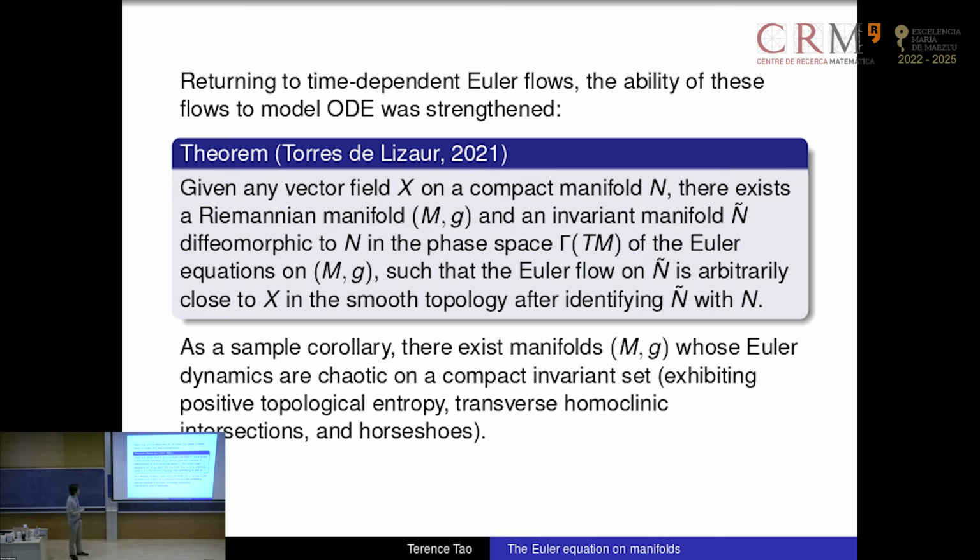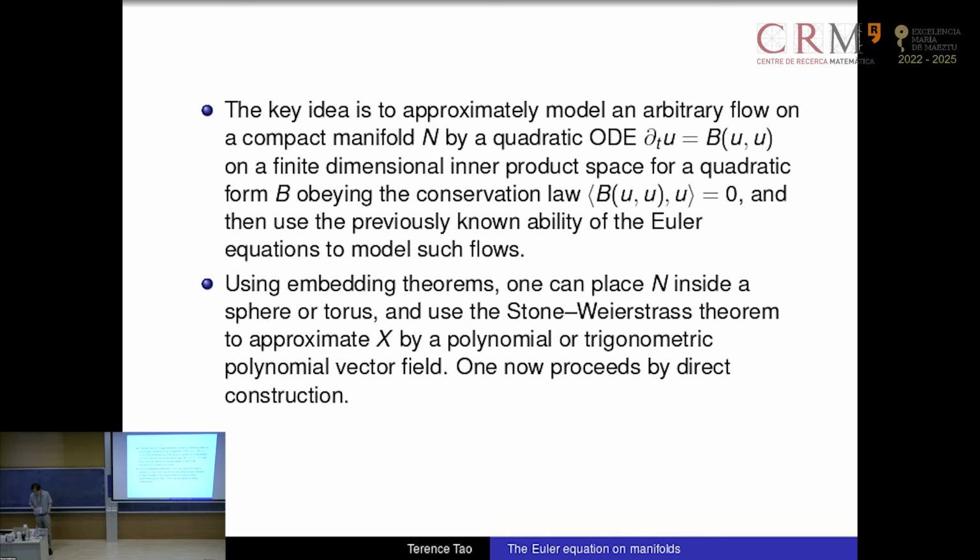We already talked about this yesterday, so I won't say too much about it. In particular, you can start creating flows which obey all kinds of robust dynamical properties.